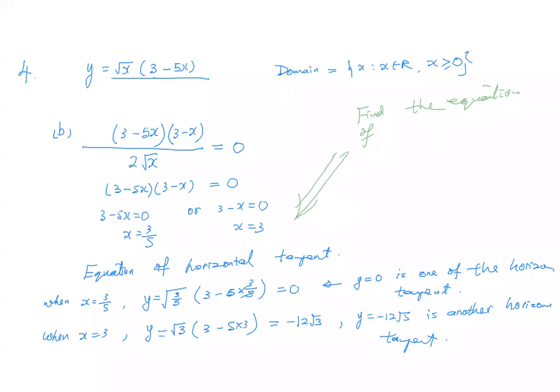Yes, find the equation of the vertical normal. Horizontal tangent, vertical normal. So therefore, the vertical normals are x equals 3 over 5 and x equals 3.